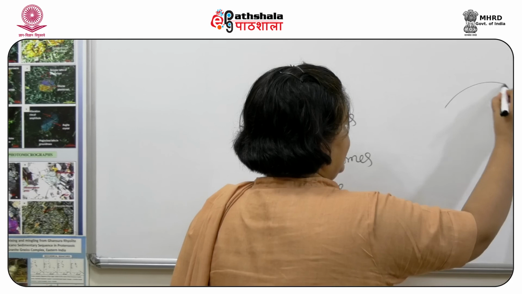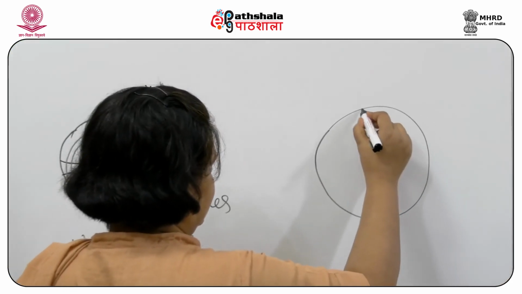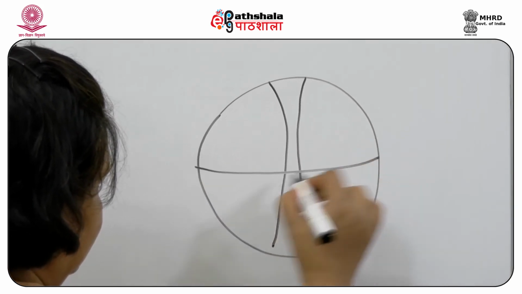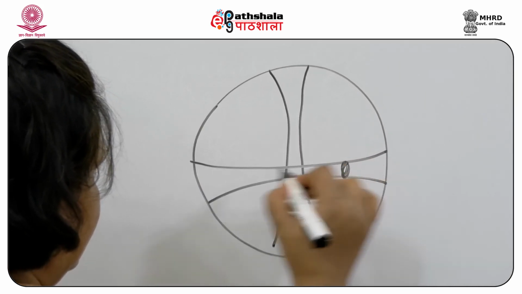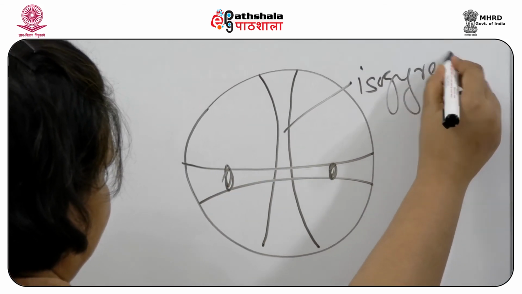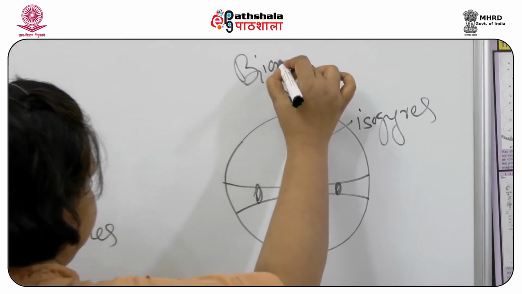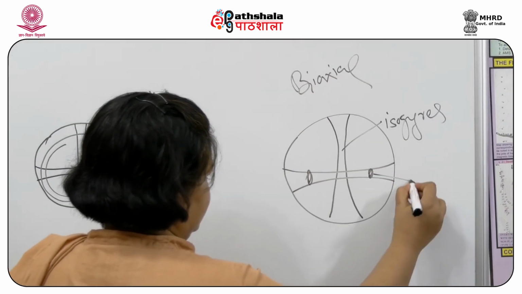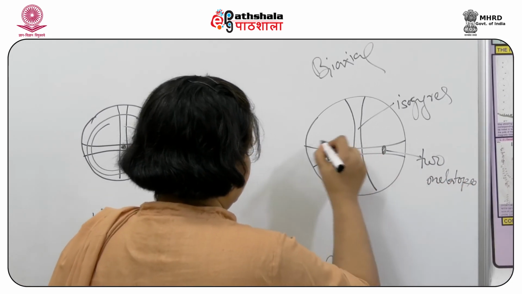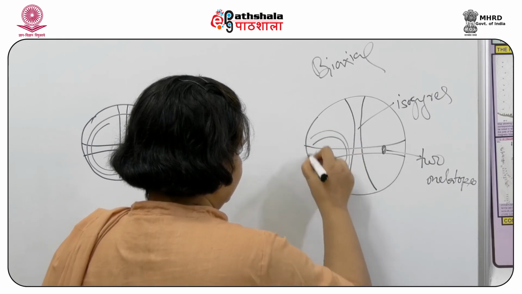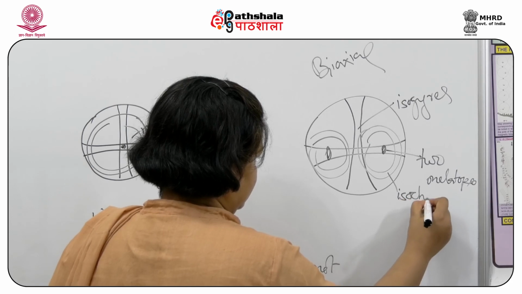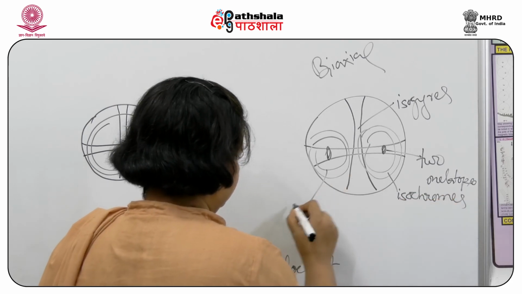But in the case of biaxial interference figures, first the thickness of the isogyres is different, it is not constant. Then we have two melatopes; these are the isogyres for the biaxial case. These are the two melatopes. You have concentric colored rings surrounding these melatopes. So these are isochromatic rings or isochromes.